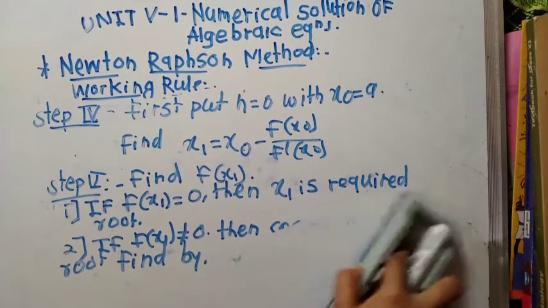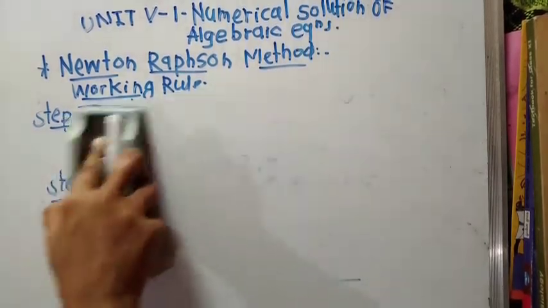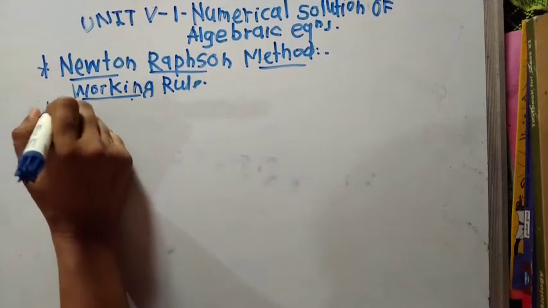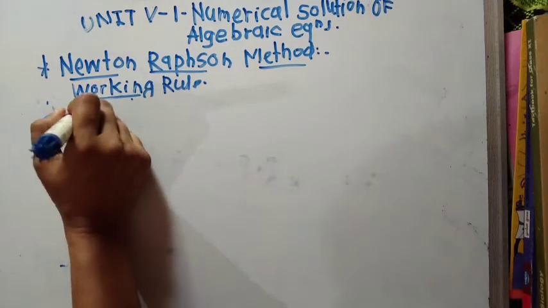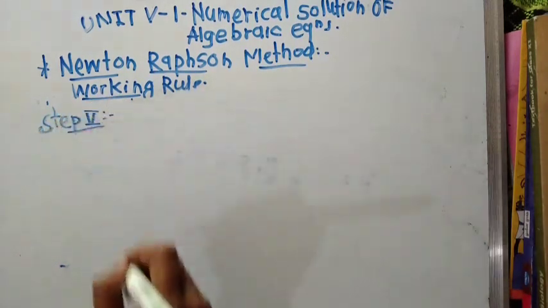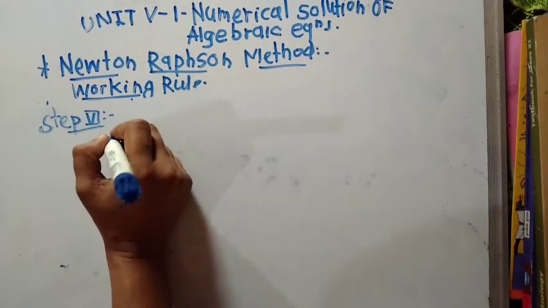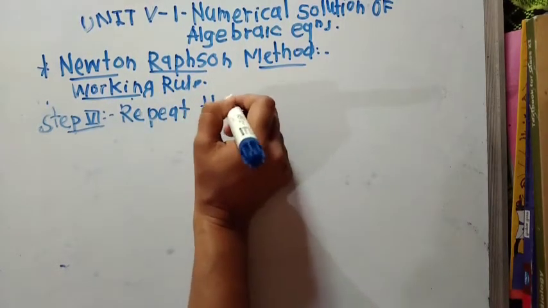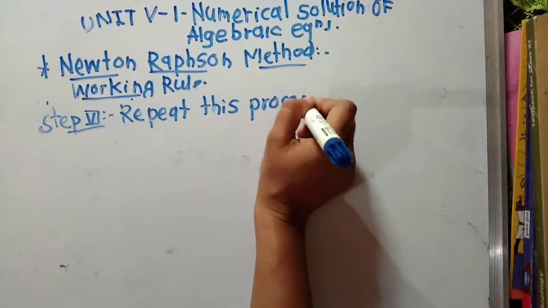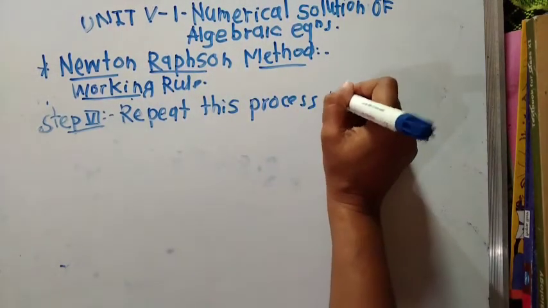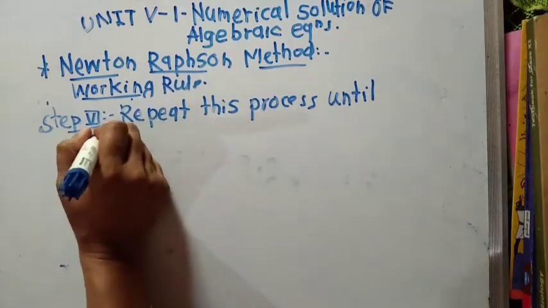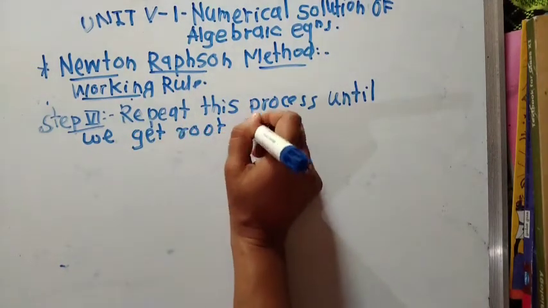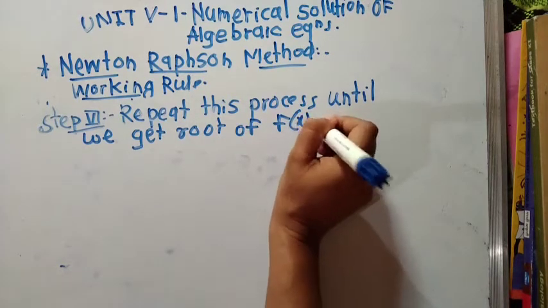Then step 6 is repeat this process until we get the root of f of x is equal to 0.